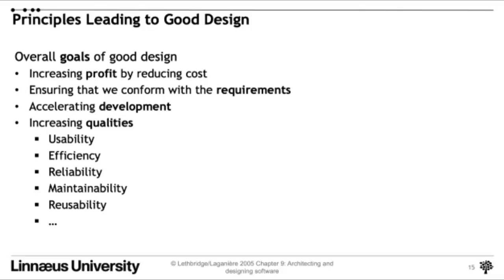Some principles might lead you to have a high efficiency but a very poor maintainability. Some others can lead you to have very good reusability but very bad efficiency or reliability and so on and so forth. So qualities might clash with each other. Then it's up to us as designers to find a good trade-off between them.